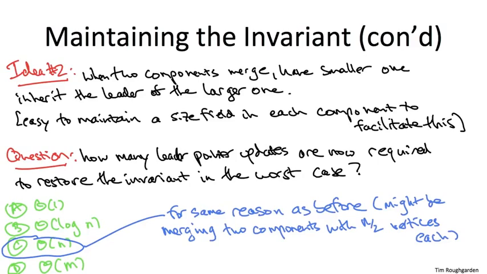It still might be the case that, say, in the final iteration of Kruskal, you're merging two components that both have size n over 2. So no matter which leader you choose, you're going to be stuck updating the leader pointers of n over 2, or theta of n, vertices. So, while this is clearly a smart practical optimization, it doesn't seem to be buying us anything in our asymptotic analysis of the running time.